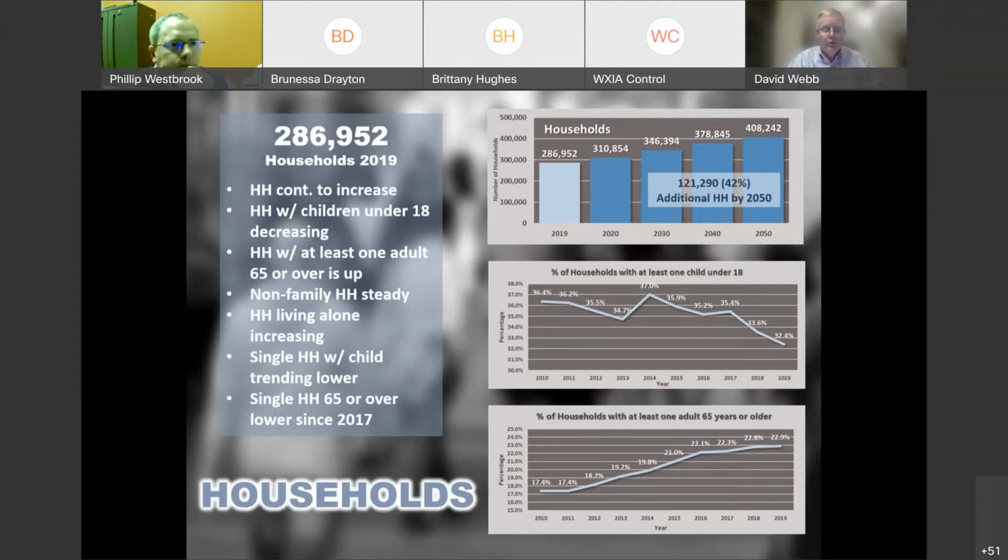Non-family households seem to be steady, and people living by themselves are also increasing. Single parent households with a child in them tend to be trending a little bit lower. And single households with over 65 are also a little bit lower since 2017. Next.